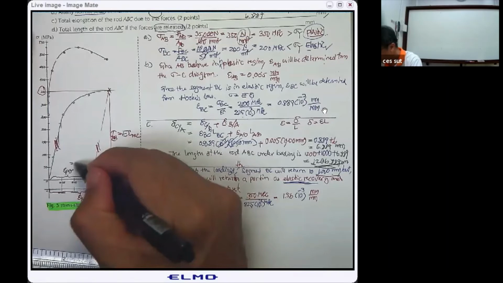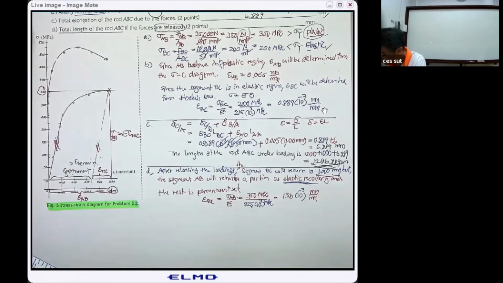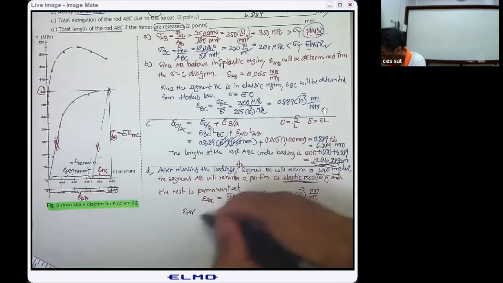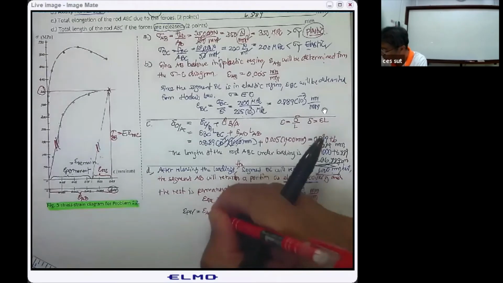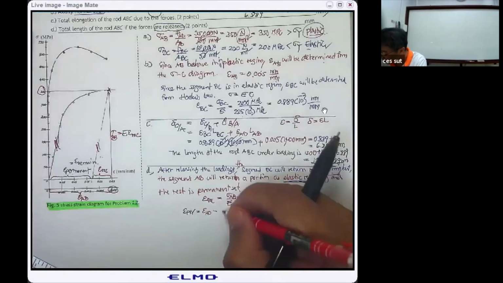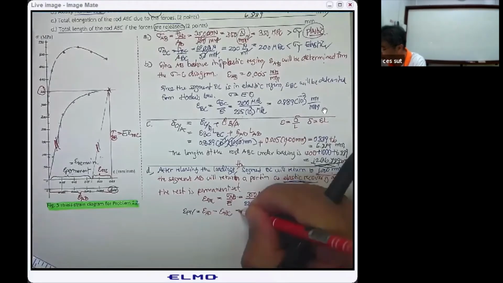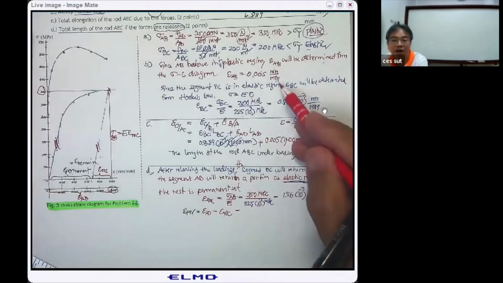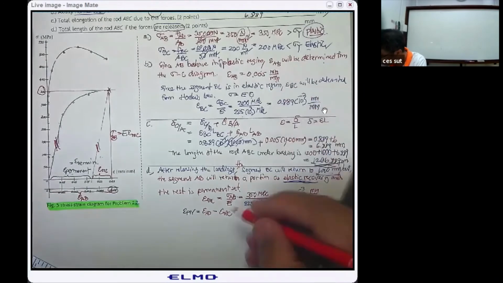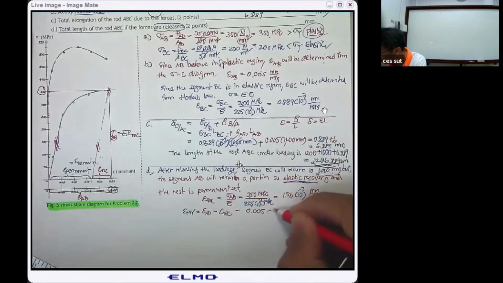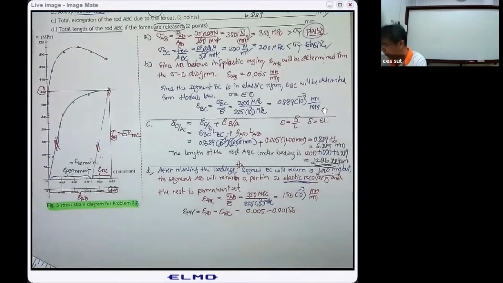Okay, by doing this, you may say strain per, let me call it strain per, is going to be strain sub AB minus the strain recovery. So we have the strain that we measured before, that is 0.005, minus 0.00156.